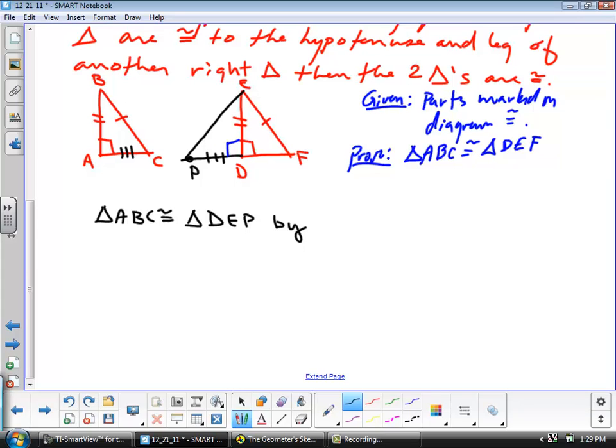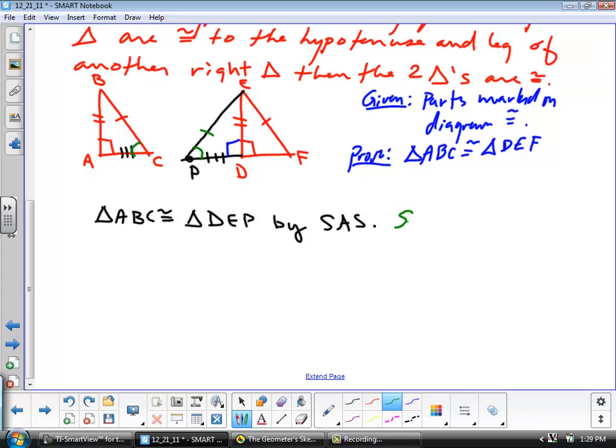Side angle side, yes. Now, since those triangles are congruent, all the corresponding parts are congruent. So, the parts I'm going to use of these two triangles are PE is congruent to BC, and angle P is congruent to angle C. I'm going to use both of those in this proof.